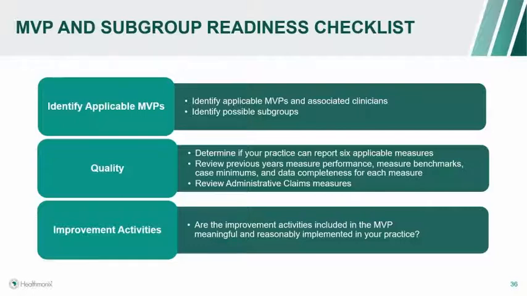And then also upcoming in 2023 for the MVP reporting, review the administrative claims measures and see if they apply as well. And for improvement activities, review the improvement activities included in the MVP and consider if they are meaningful and reasonably implemented in your practice.